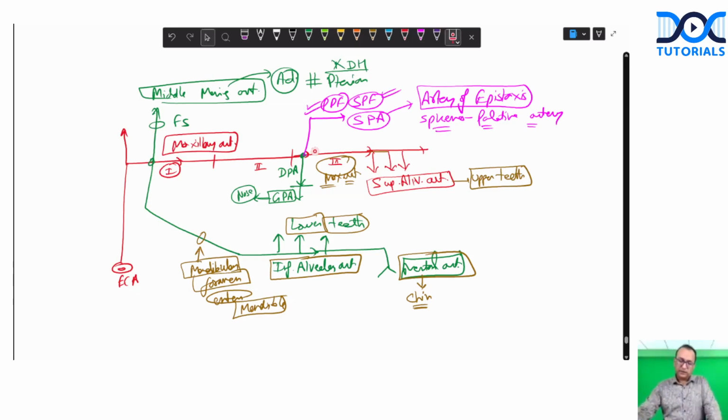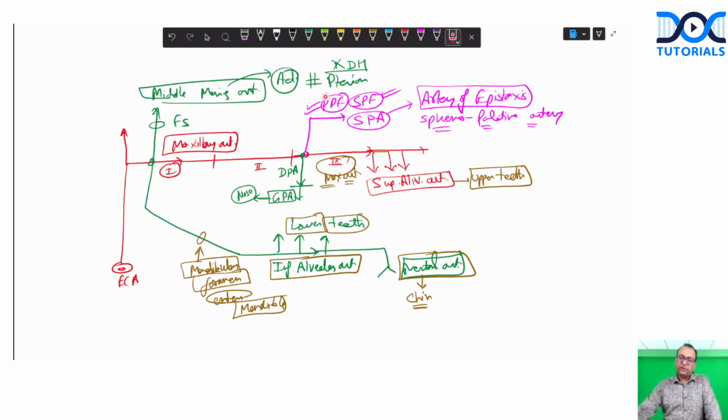So, as we understand, the third part of the maxillary artery has supplied the upper teeth by giving the superior alveolar arteries. It also gave the descending palatine artery to supply the palatine tonsil, but the descending palatine further gave the greater palatine. And remember, the greater palatine also supplies the nose, Little's area of epistaxis, but the major artery comes from the third part of the maxillary artery only.